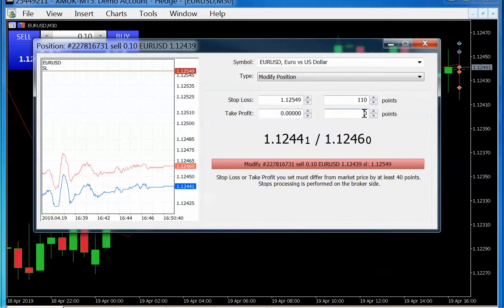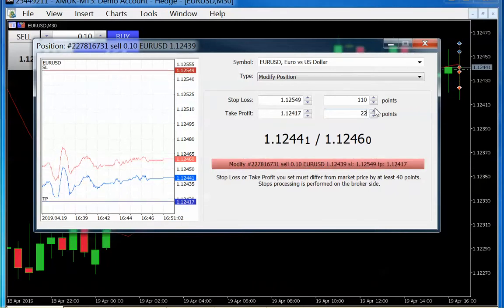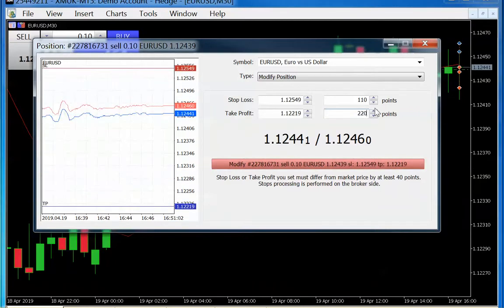And now we're going to double that for our profit, so we've got a 2-to-1 risk reward. So we're going to have a 220 take profit. Then we click modify, which will put our risk in place.